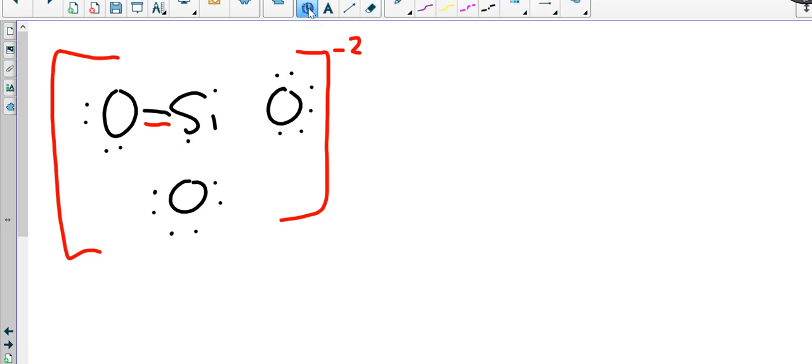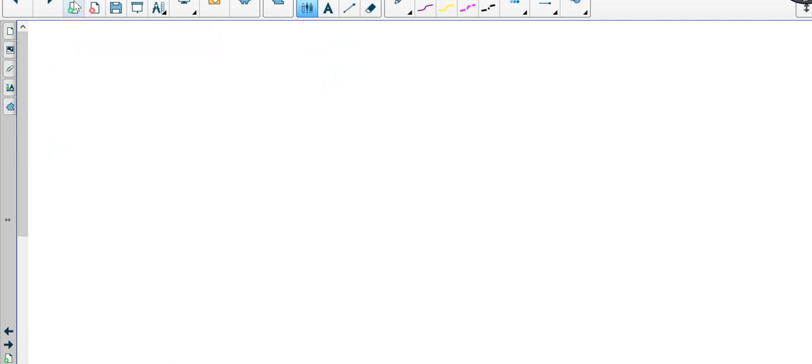I don't know what it is, but you could have a double bond in these. You got 3 different ways of drawing this, right? None of them are incorrect, but they're not the complete answer. So what you have to do is you have what's called a resonance structure. I'll just start a new page, and then I'll draw it again.